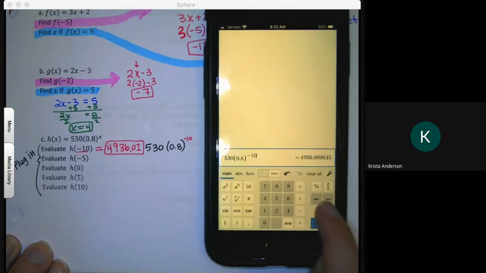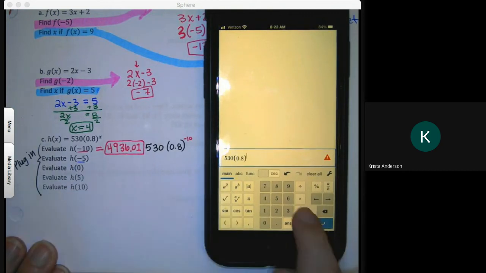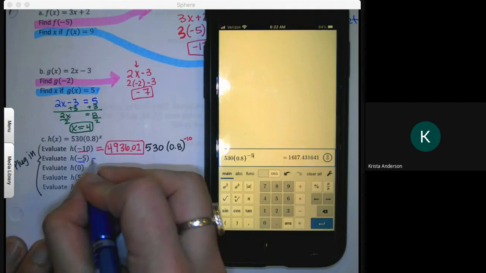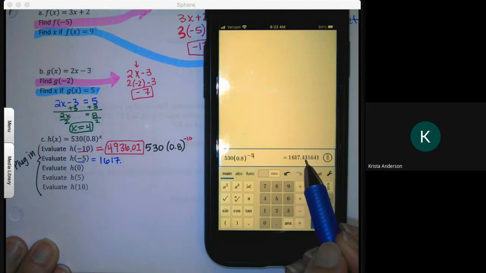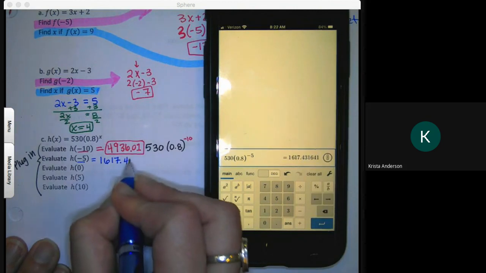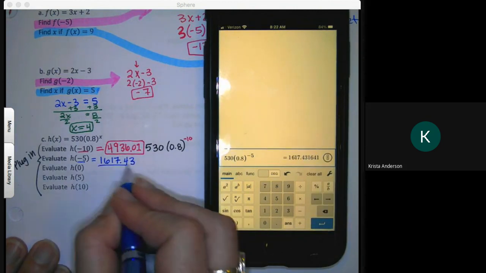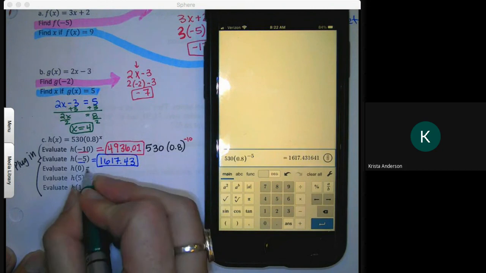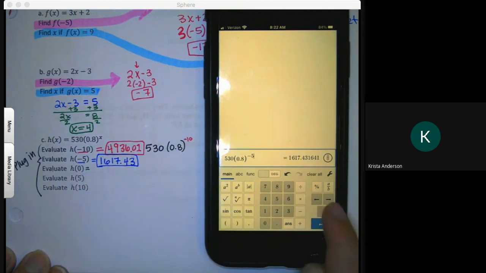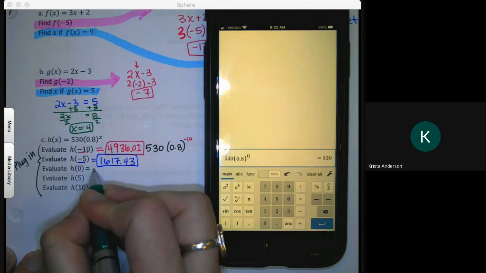Now I delete that negative 10, and what do I replace it with? A negative 5. When I round before 3, I look at that last number, it's a 1 behind it. 1 will not round the 3 up. I will leave it as 0.43. Now it wants me to evaluate what happens when the power is 0. So I delete and put a 0 in. It says that it's 530.